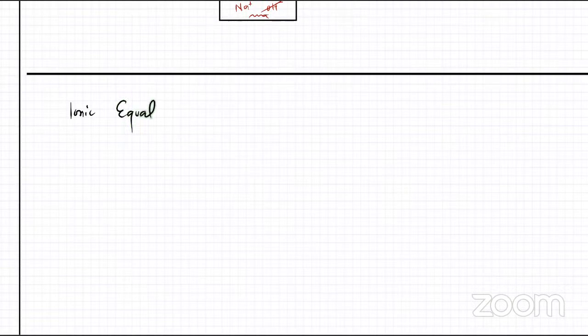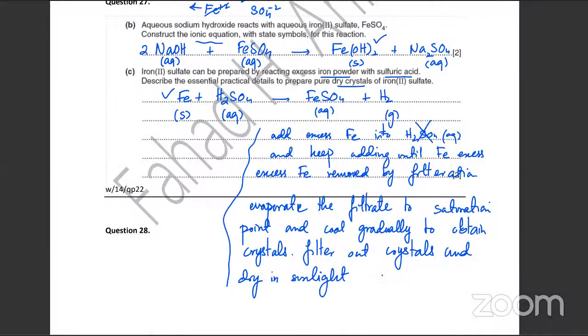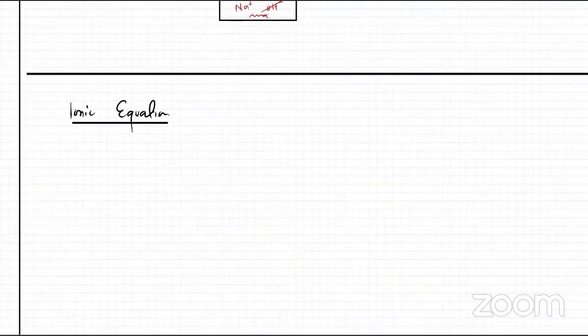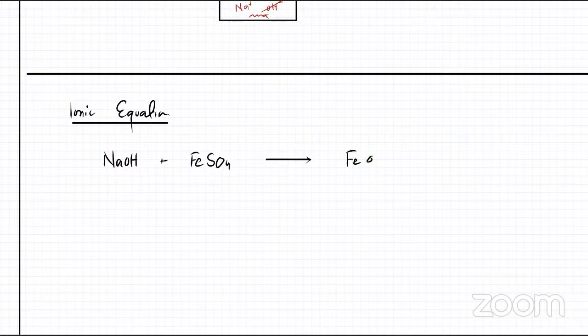Now, your ionic equation: we can't see the NaOH plus what was the NaOH plus FeSO4, right? So it was NaOH plus FeSO4. And the product you had was Fe(OH)2, that was the solid insoluble compound.